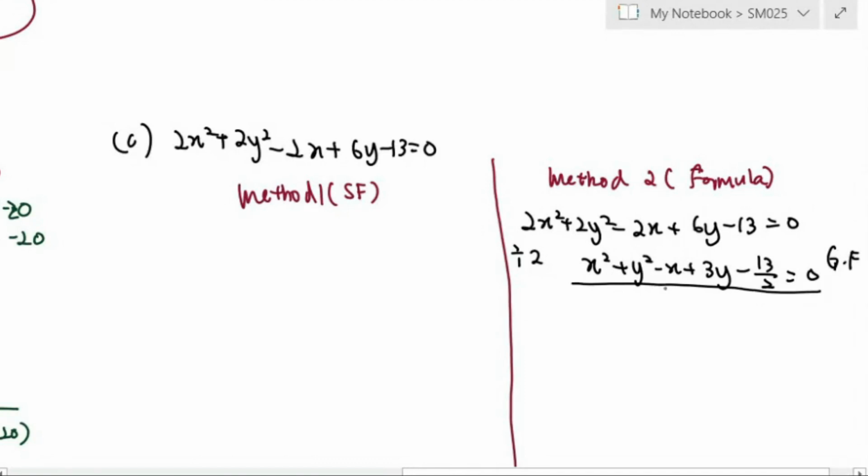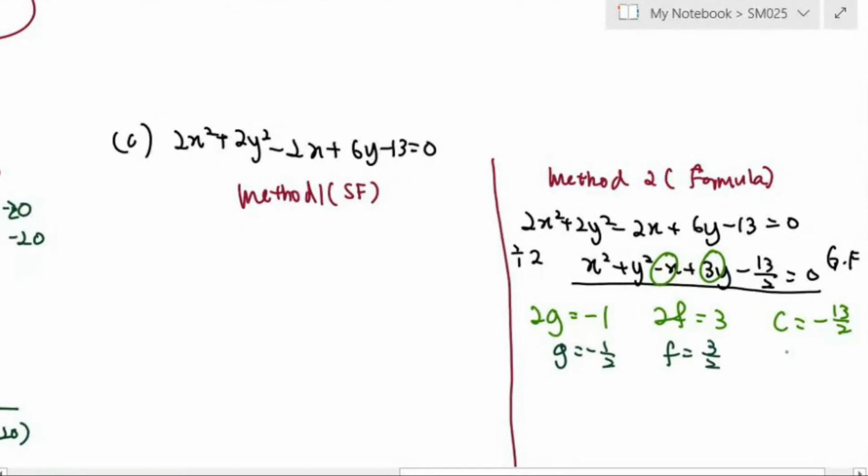So from here, only then can we read out the information. What is your 2G? What's your 2F? What's your C? So 2G will be the coefficient of x, negative 1. Then 2F will be the coefficient of y, which is 3. Then your C will be negative 13 over 2. So from here, G will be negative 1 over 2, F will be 3 over 2, and C will be negative 13 over 2.